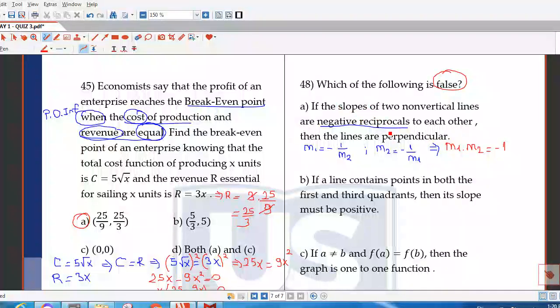It is the property of perpendicular lines, so it is a true statement. If a line contains points in both the first and third quadrant, we did a similar question. While we are moving from left to right, the graph is rising, so it has a positive slope, so it is true.